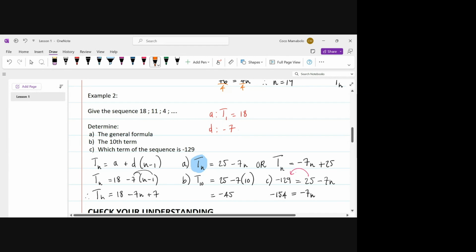Lovely. What's our next move? And then you divide by -7 on both sides. Good. Therefore, n is equal to? 22. Good. So that tells us that T22 is equal to -129.